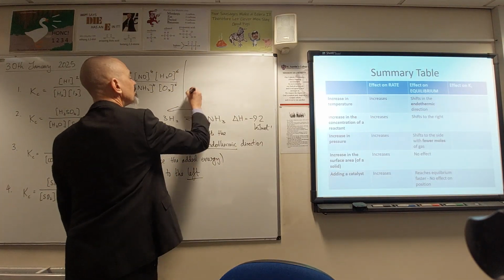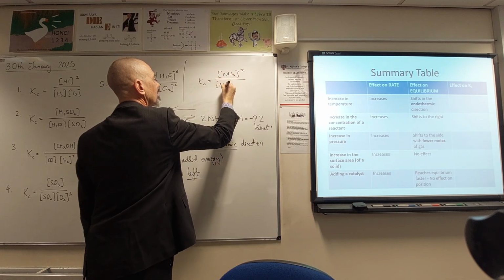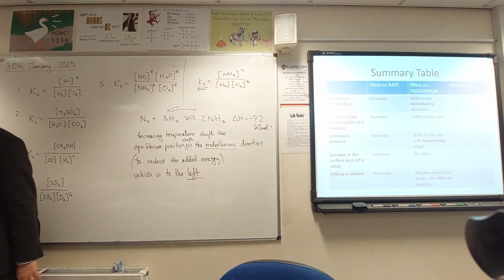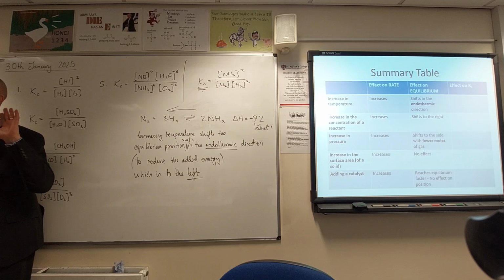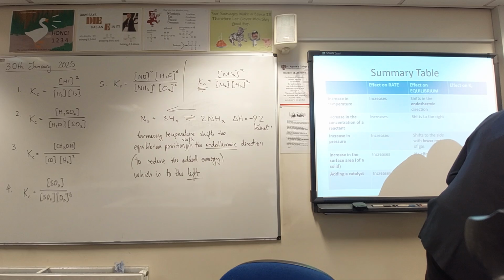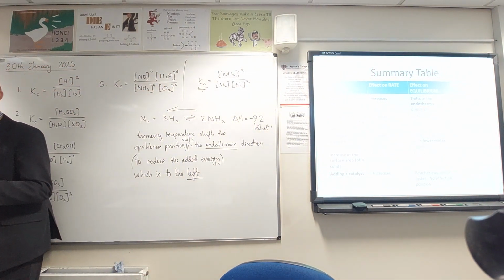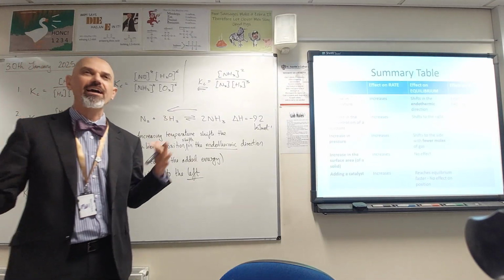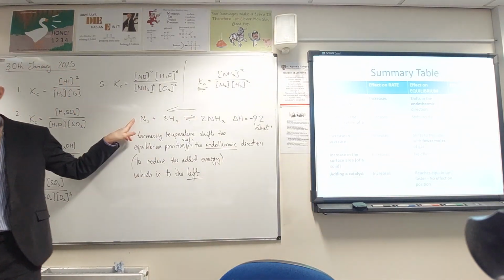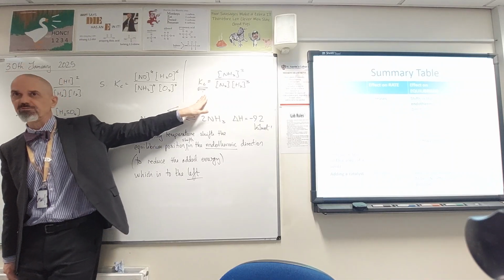Okay, so here's our Kc then, NH3 squared over N2 H2 cubed. What's going to happen to the value of that number? It's going to decrease. Okay, it's going to decrease. The result of increasing the temperature shifts this equilibrium to the left, so it'll shift this Kc down.